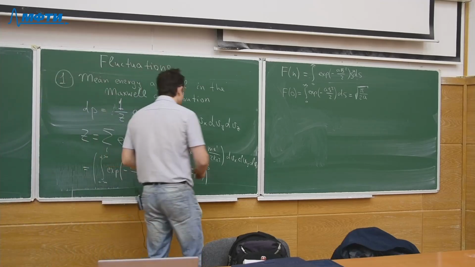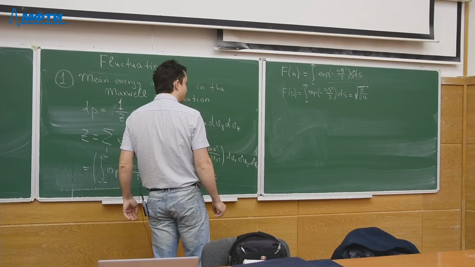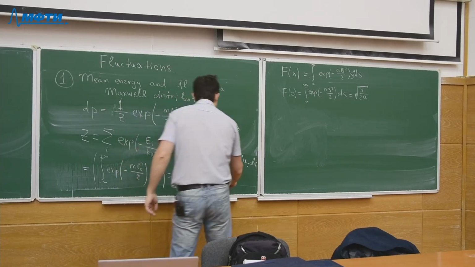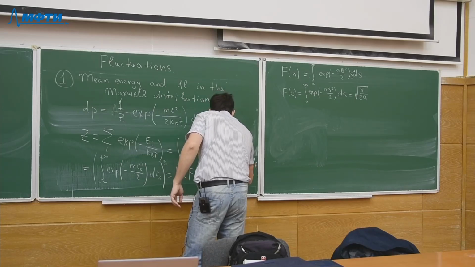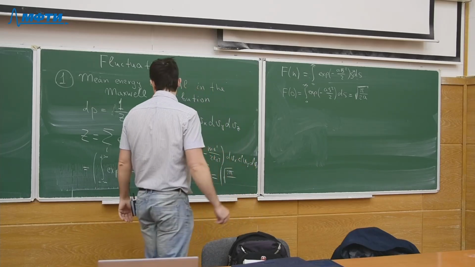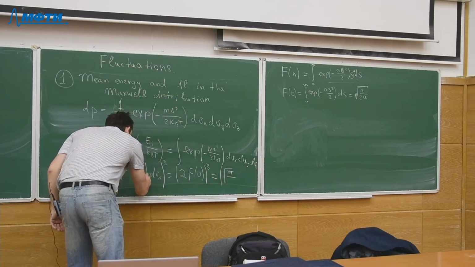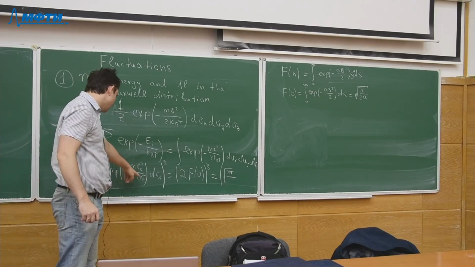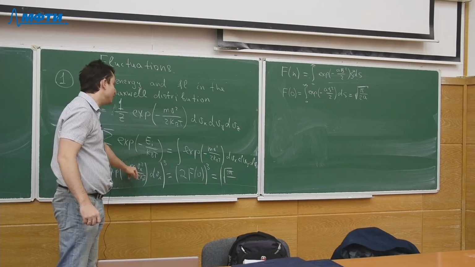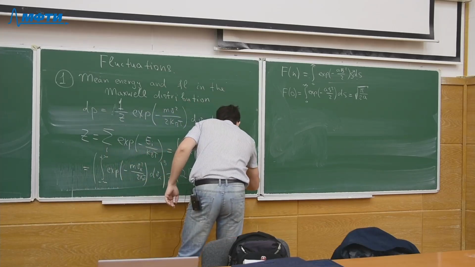So altogether that gives us something like the square root of 2 pi over, instead of a, we have kBT over m, so that would be something like this.